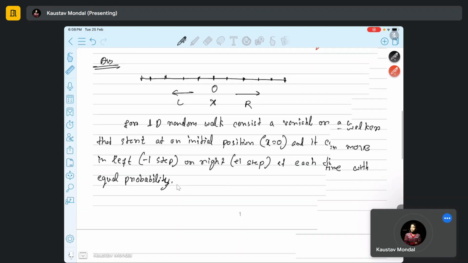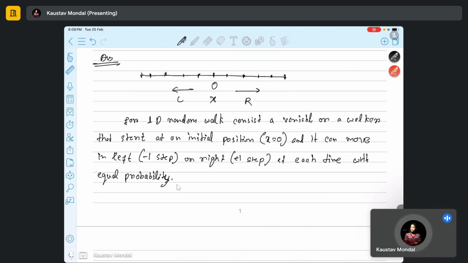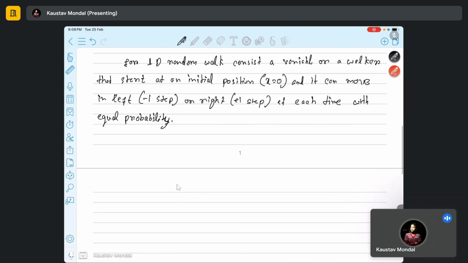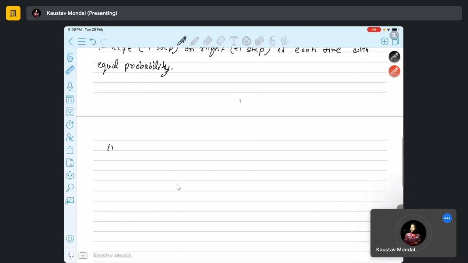So in the simple case, that is the unbiased random walk, the probability of moving either right or left are equal to each other.